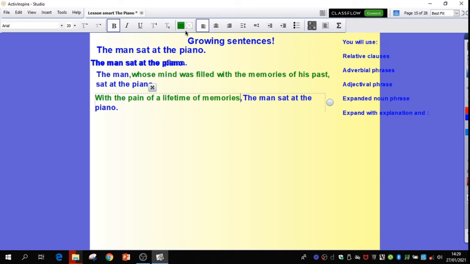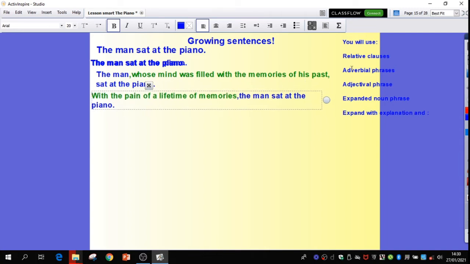Now, of course, this now is part of the sentence, so I lose the capital letter and make it into a main clause. So this, again, is that with the pain of a lifetime of memories, that's an adverbial of manner, the man sat at the piano. Now, of course, you could do an adverbial of time, of reason, or place. So there we go. So now I have done my adverbial phrase.